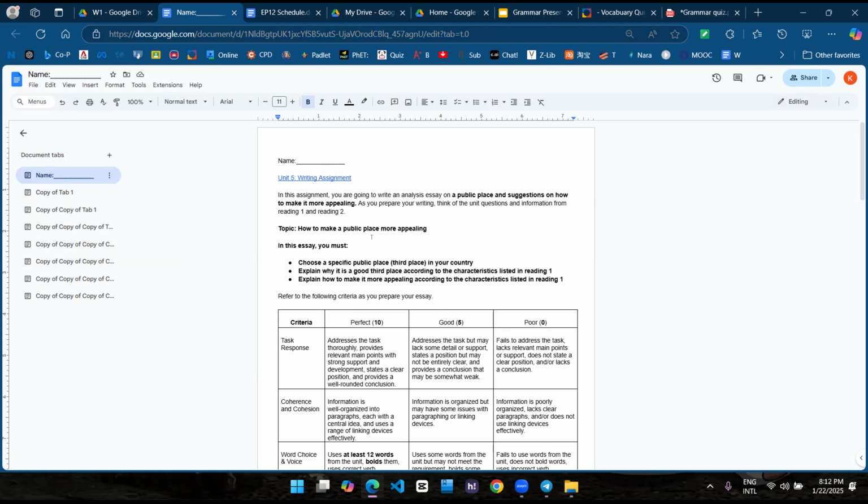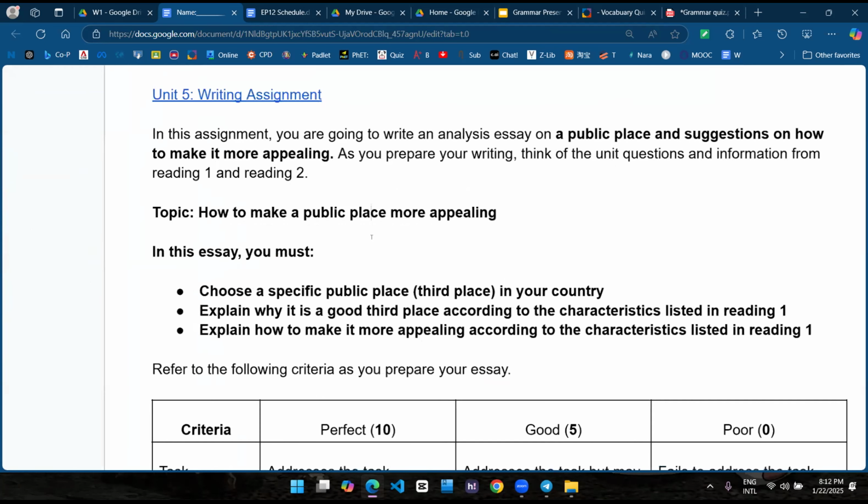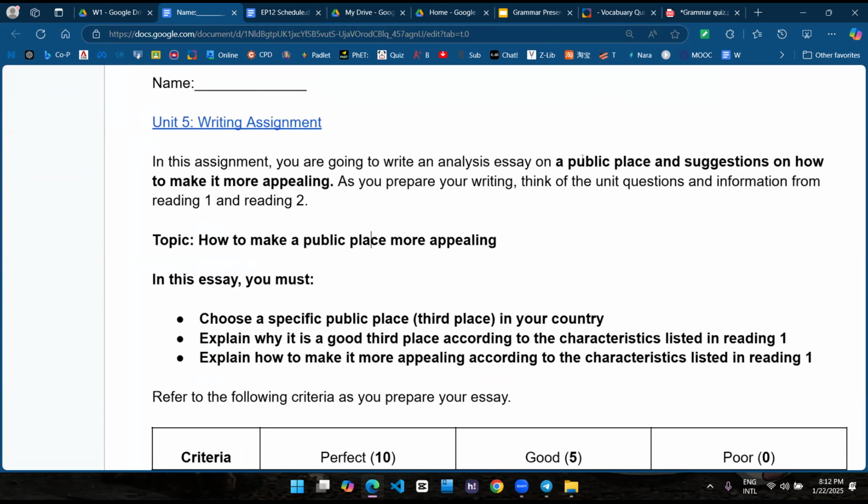In this essay, you write on a public place and share your suggestions on how to make it more appealing. So the topic is how to make a public place more appealing.